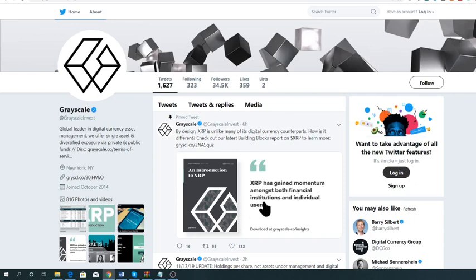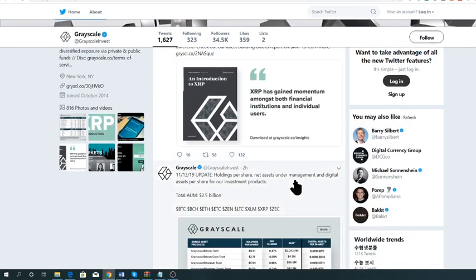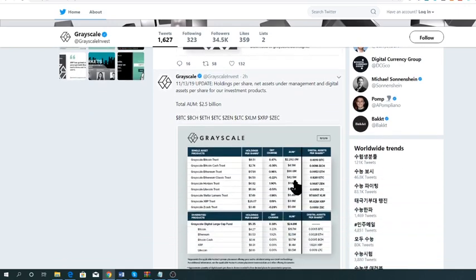XRP has gained momentum among both financial institutions and individual users. So that's the key. When someone from a traditional, established financial institution is stating that it has gained momentum among both financial institutions and individual users. Okay, individual users, we know us, but about institutions, it's different, right? Say you are putting in your money, $1,000, $10,000, they will be coming in with millions. So that's a different story.